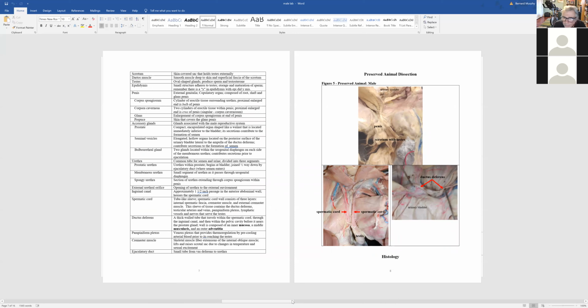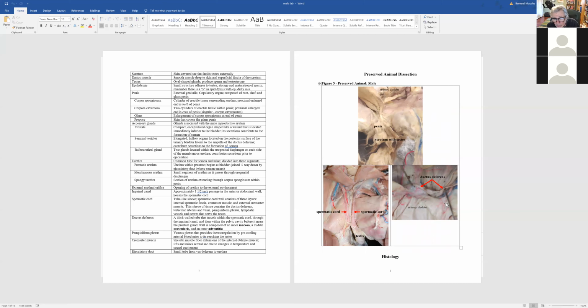I might do something with the cat. Usually, all I do with the cat is dissect out a testis and show what a scrotum and what a testis is, and look at the ductus deferens, because you can see how it comes around and goes behind the bladder and into the seminal vesicles, although I never dissect out the seminal vesicles or the prostate.